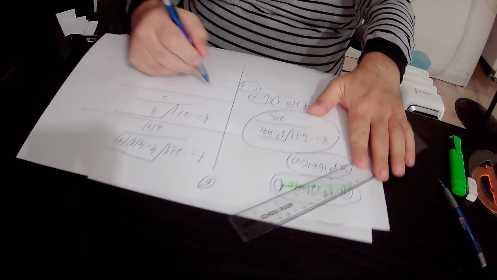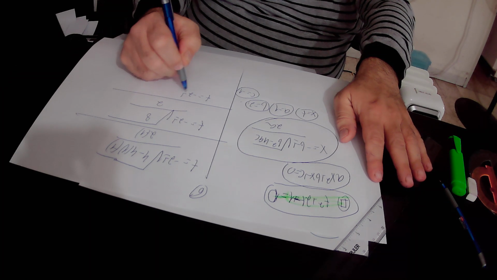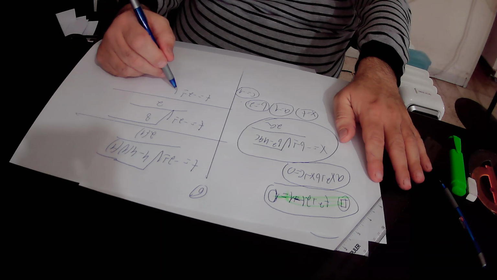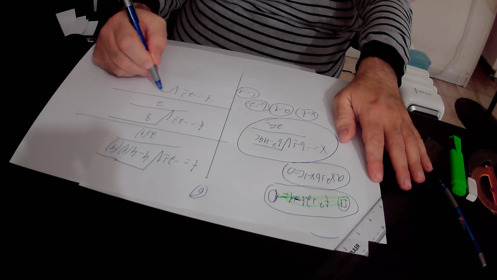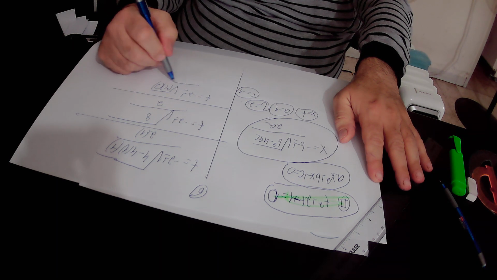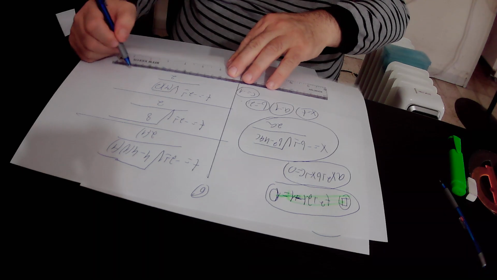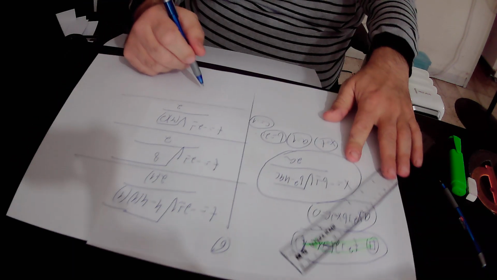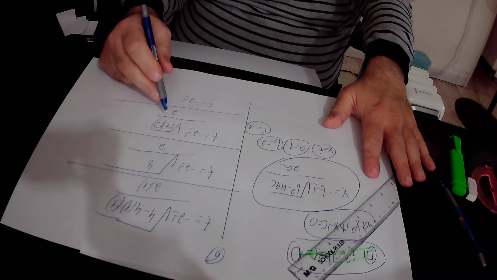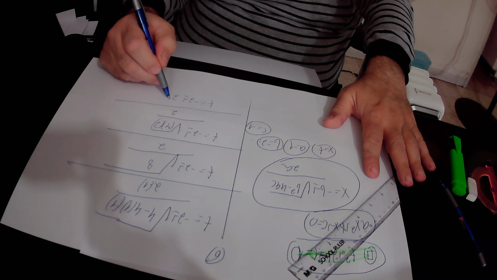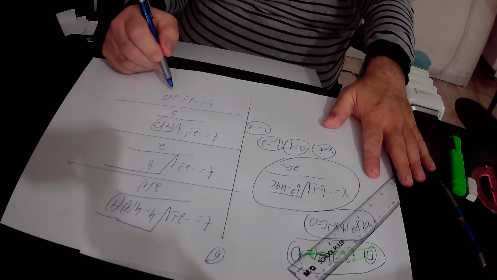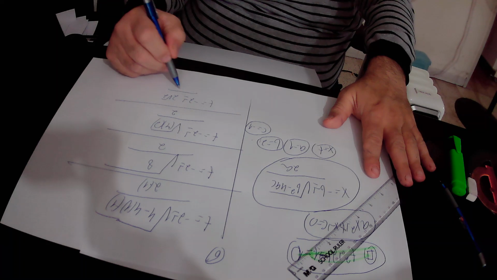So t equals minus 2 plus minus the square root of 8. 8 is 4 times 2, so we substitute 8 by 4 times 2, divided by 2. So t equals minus 2 plus minus the square root of 4, which is 2, so inside the root we are left only with 2. So t equals minus 2 plus minus 2 times square root of 2 over 2.